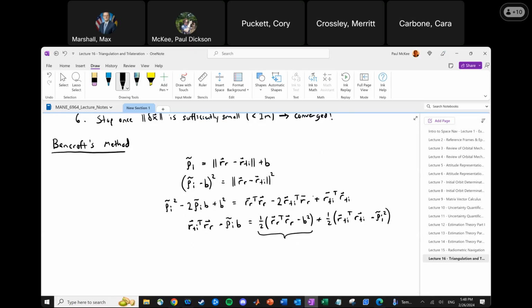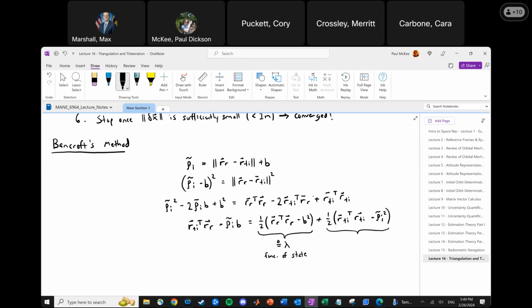It's just a function of the state. I'm going to call this lambda, a function of the state only. And this whole second term has nothing to do with the state and everything to do with the particular GPS spacecraft we're dealing with.